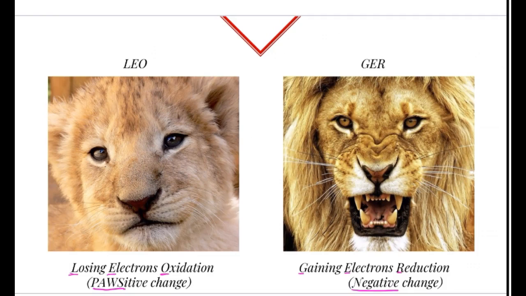What you need to do is decide what's happening to your substance in the reaction. Is it undergoing a positive change, meaning its charge or its oxidation state is getting more positive? Then it would be Leo, oxidation. If it is getting more negative, it would be Ger, reduction. This makes sense because if I lose electrons, don't I become more positive? And if I gain electrons, I become more negative.